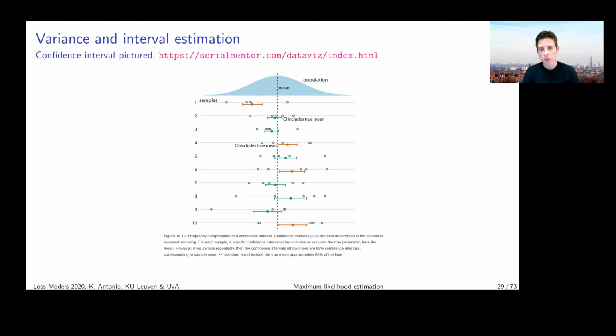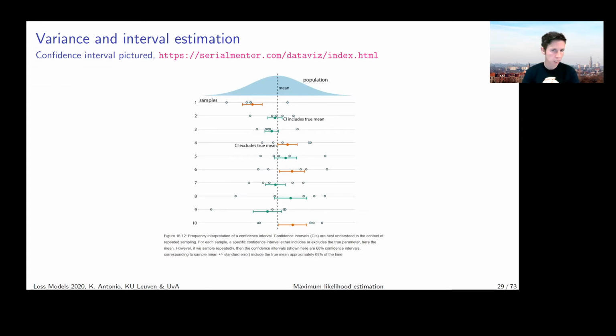And then we'll see that in this case, 2, 4, in this case 6 out of the 10 intervals include the true mean parameter, right? And if you repeat this experiment a lot of times, you'll see that 95% or so of your constructed confidence intervals will include the true mean.